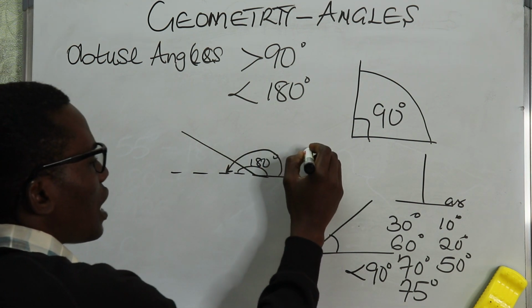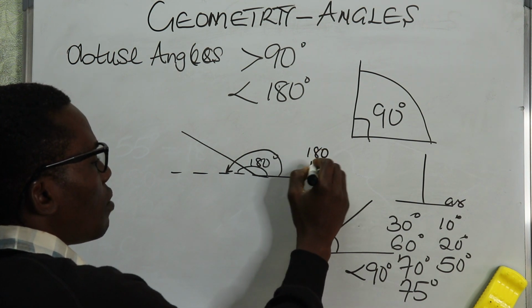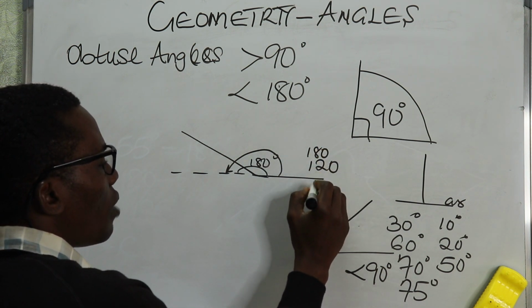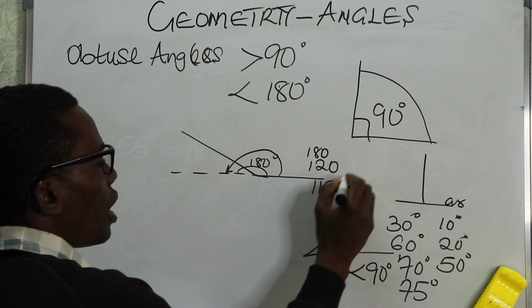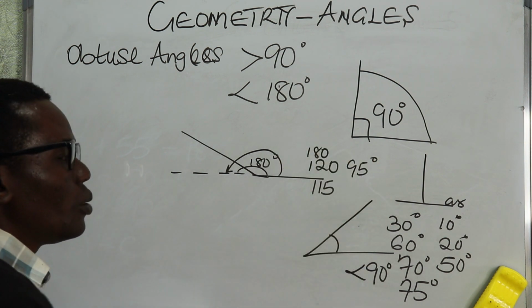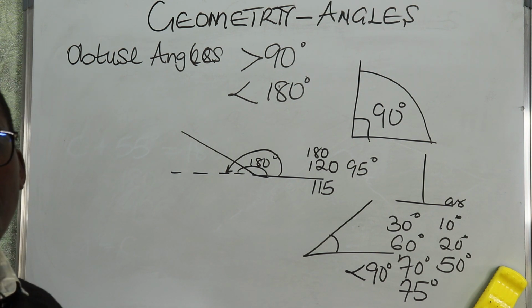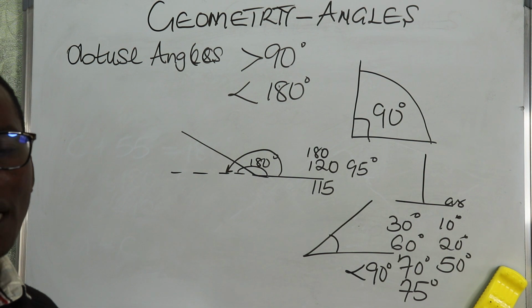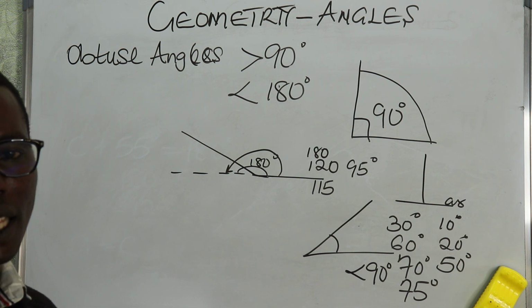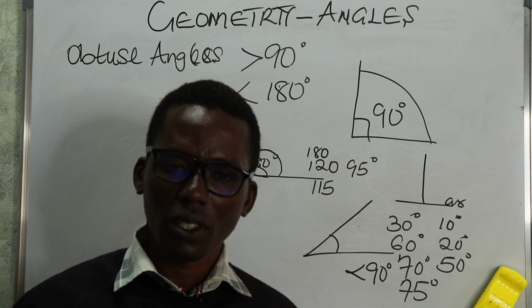Under this we have angle 120, angle 115, angle 95 degrees. All these angles are what we call obtuse angles. These are angles that are greater than 90, but less than 180.